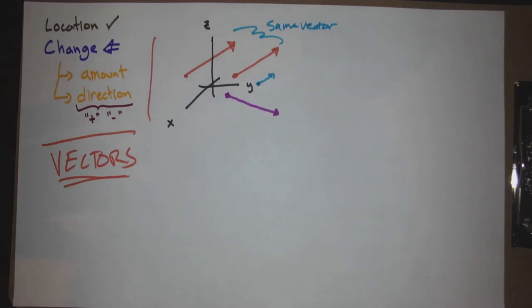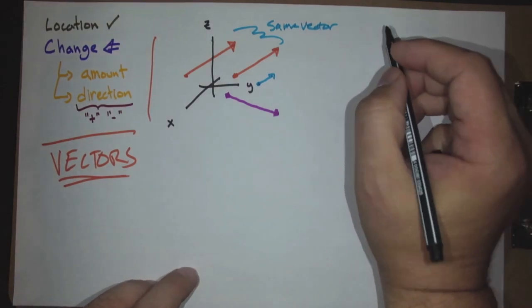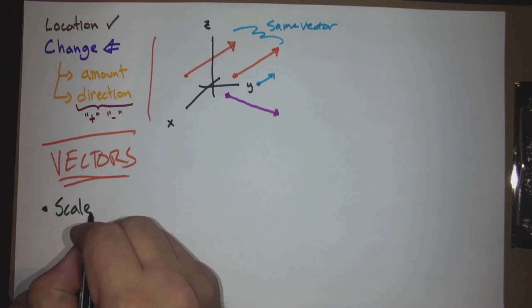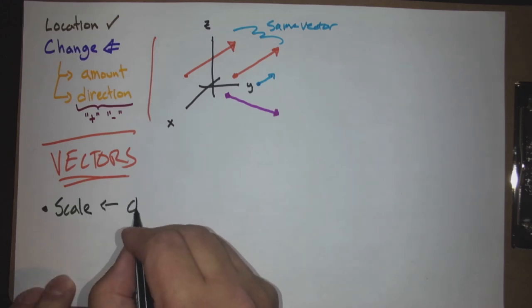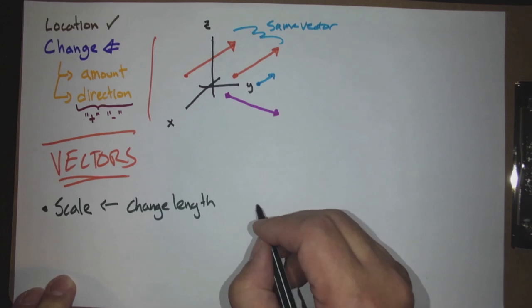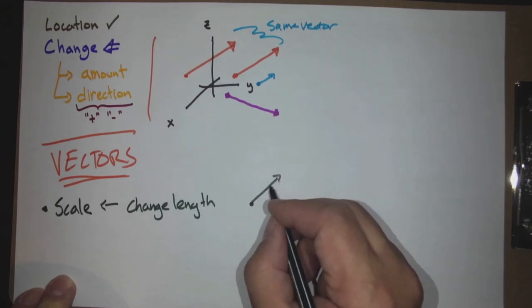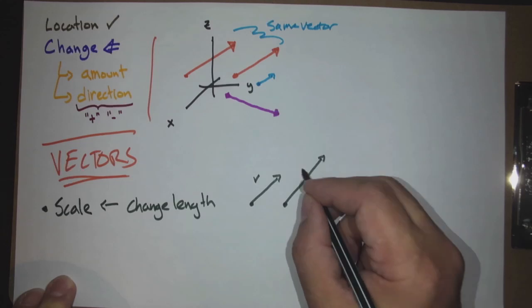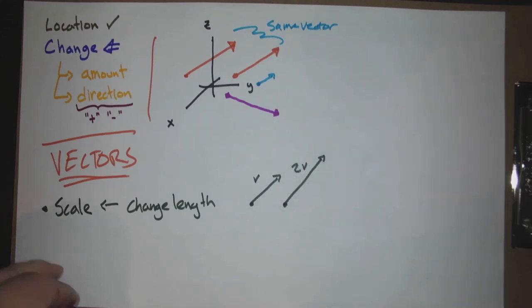Well, we have several important things. So we'd like to scale a vector, and to scale is to change length. So for an example, let's say if I have a vector v, if I multiply it by 2v, it's going to change the length by a factor of 2.